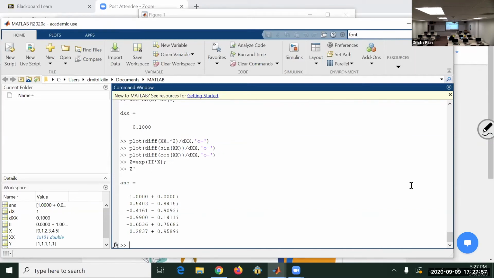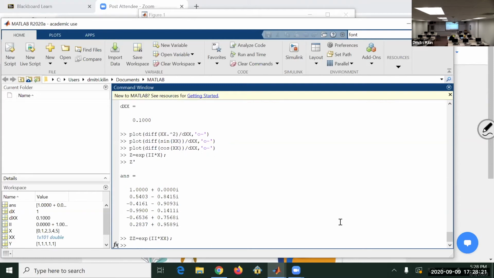Each element of the z vector has both real and imaginary component, right? Because we practice this imaginary exponential. And maybe it's better to do finer resolution. Then it will be much more elements.